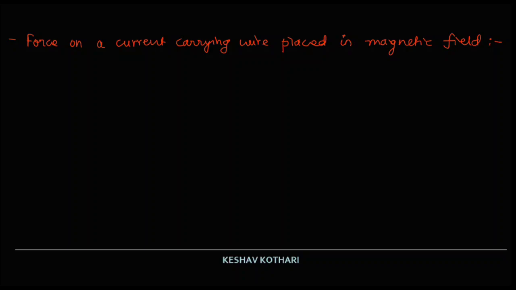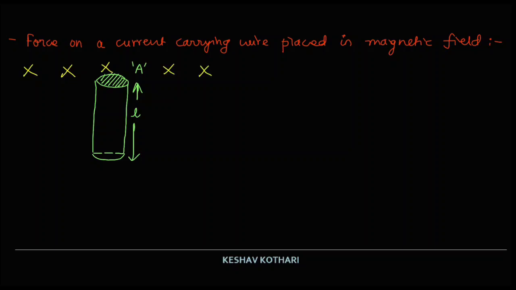So we are considering a current carrying wire like this, having cross sectional area A, length L, placed in the region of magnetic field B. The magnetic field in this case is directed into the plane of paper.